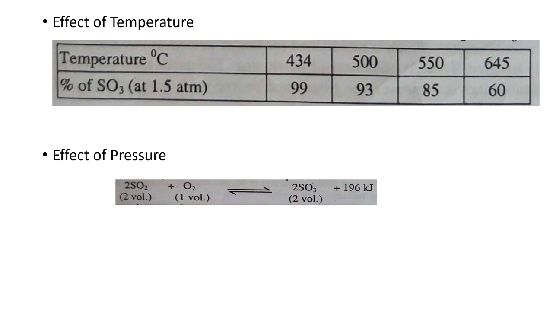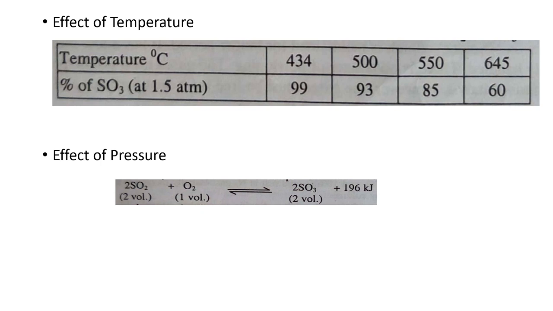But here the problem is SO3 itself is a gas. So if pressure is increased, this gas is expected to get dissolved as soon as it is formed. When it is desorbed, then only the new entrant reacting molecules will get a good amount of surface area of the catalyst. But here, with increase in pressure, desorption of sulfur trioxide is very less.